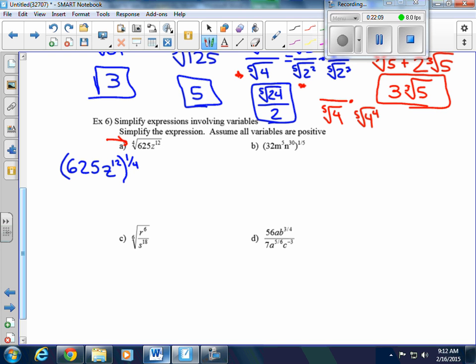Well, if you take that rational exponent through, then that would be 625 to the 1/4 and z to the 12 times 1/4. So this 625 to the 1/4 is going to be 5, and this will be z to the 3rd. So our answer would be 5z to the 3rd.